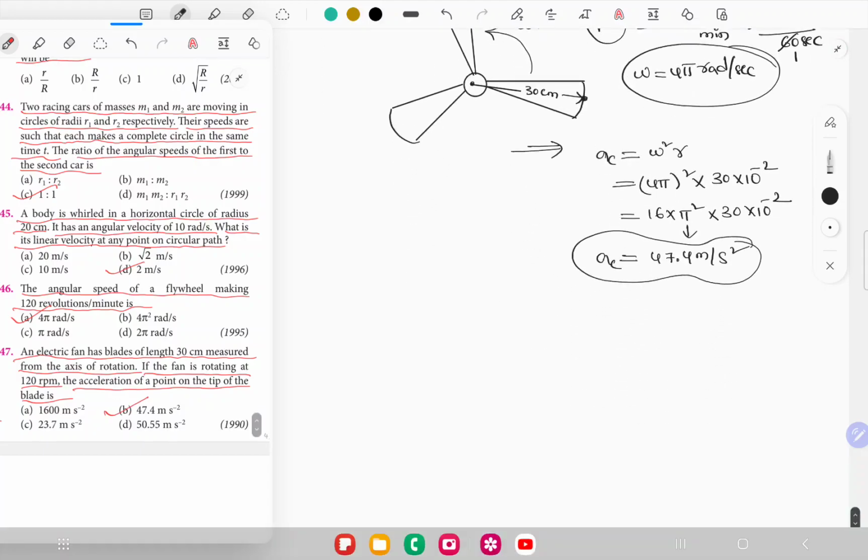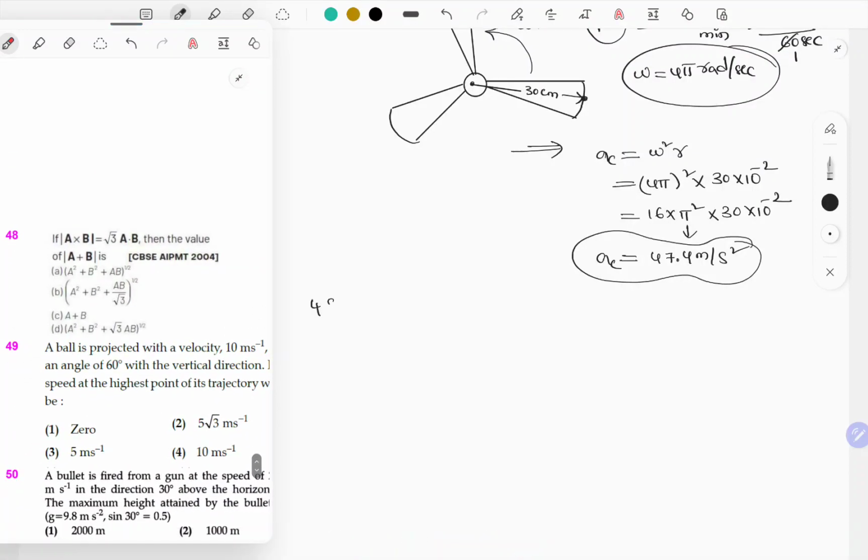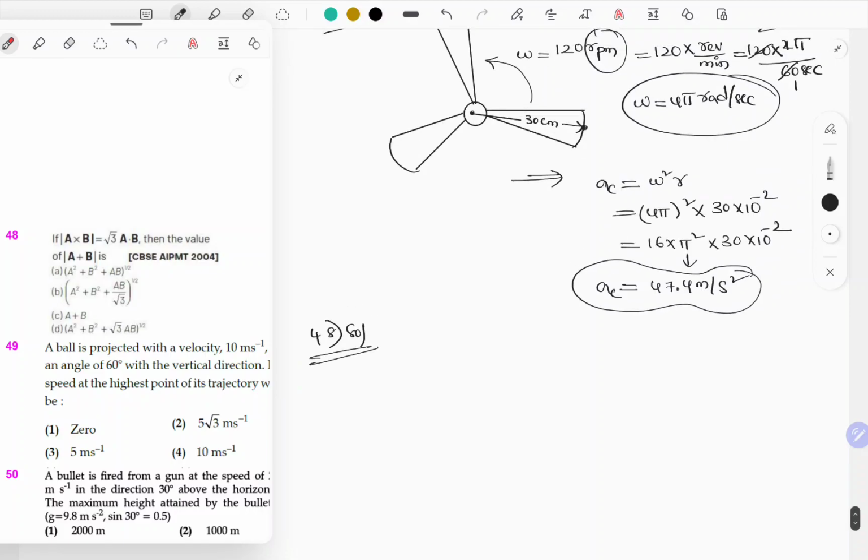Very good. Next, let's move on to the next question. Question number 48. Solution. What did they give? The magnitude of A bar cross B bar is equal to root 3 times A bar dot B bar. The formula for the magnitude of A bar cross B bar is AB sin theta, which is equal to root 3 times AB cos theta.